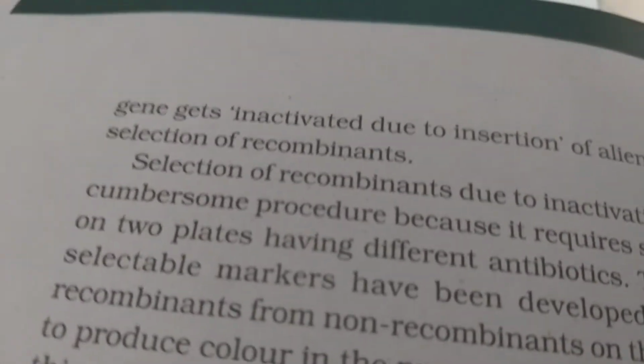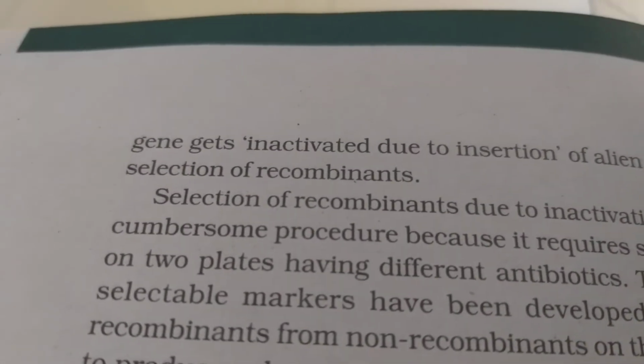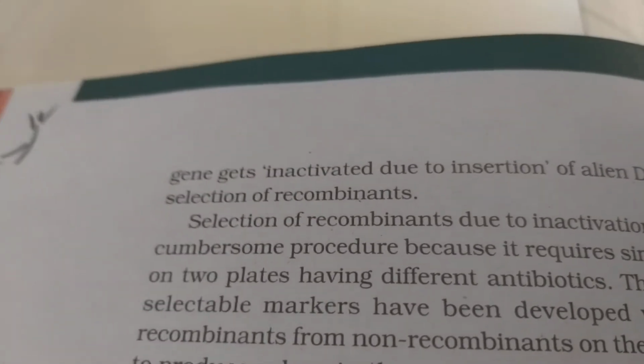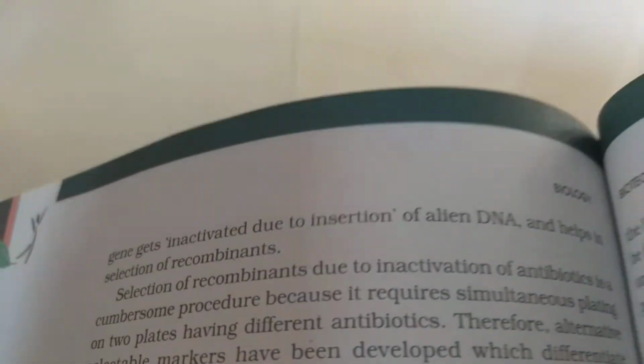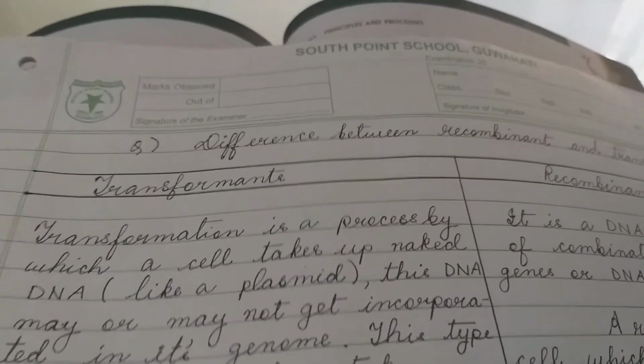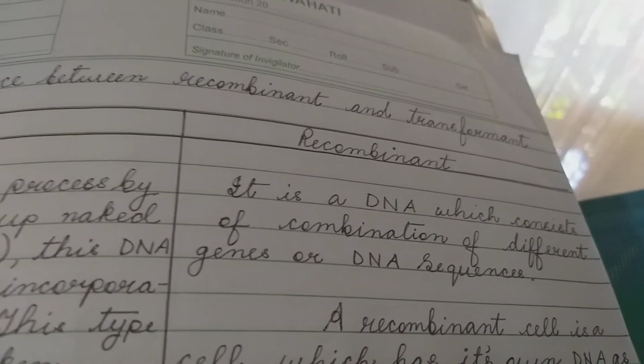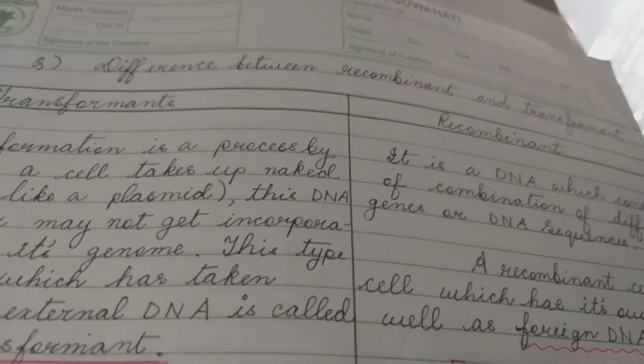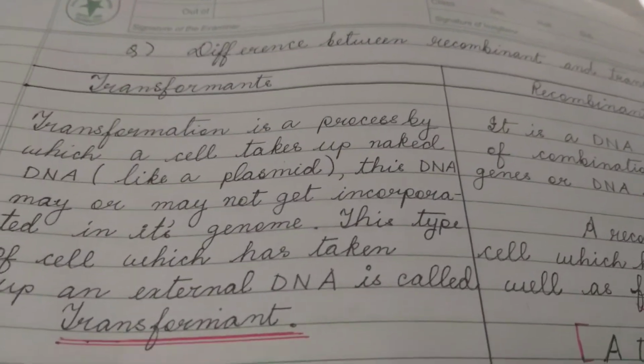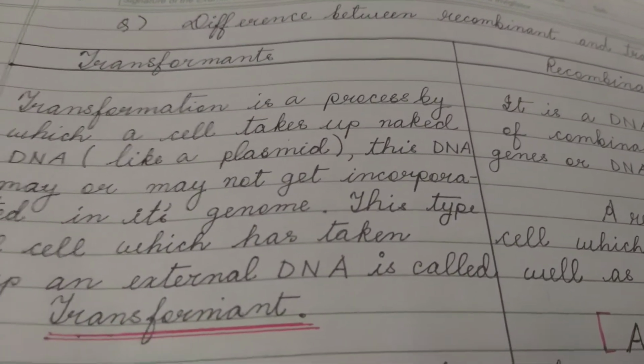Now you have to know the difference between transformants and recombinants. What is a transformant and what is a recombinant? Don't be confused, because one selectable marker helps in identifying and selecting transformants.